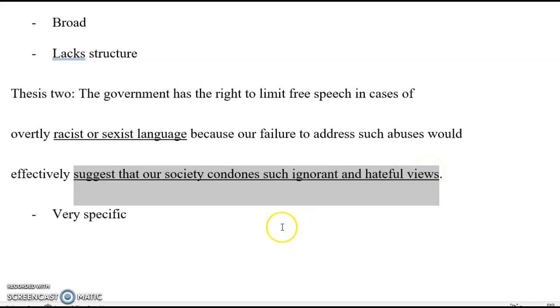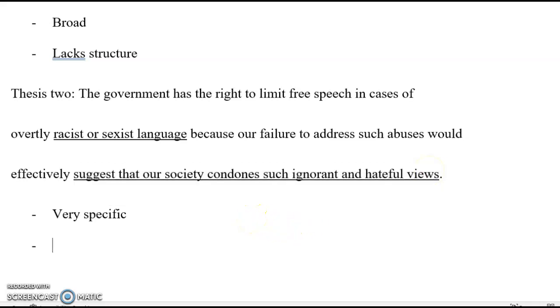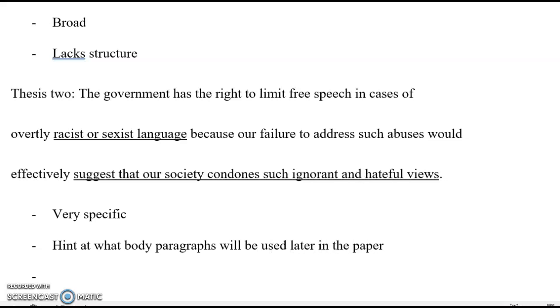This argument shows structure in the fact that it will hint at what body paragraphs will be used later in the paper. So a good thesis statement shows the reader what's going to come up next in the paper, and it also does a good job of keeping everything to a smaller topic.